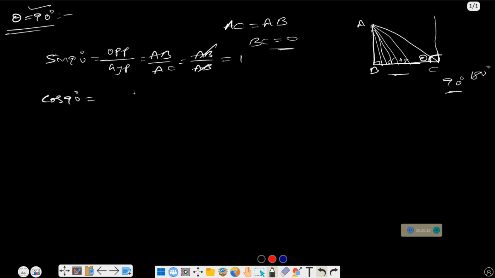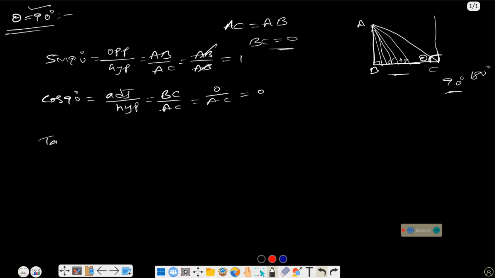Similarly, find out cos 90. Cos formula what? Adjacent side by hypotenuse. What is the theta adjacent? BC by hypotenuse AC. What is the BC value here? 0. 0 by AC value is 0 only. 0 by anything is 0.